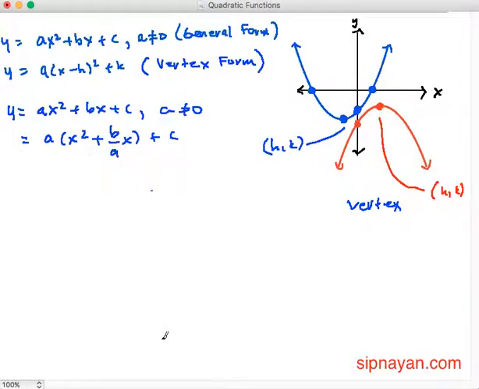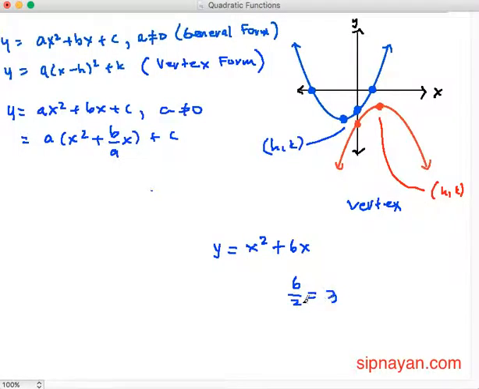Ang completing the square, kung hindi nyo alam, ay pwede nyo i-review yung sa quadratic equation na series natin meron doon. But anyway, tuturo ko naman siya dito. So, pag meron tayong equation like x squared plus 6x, pwede natin siya i-complete the square. Gusto nating complete the square, gagawin natin siyang perfect square. So, ang gagawin natin is divide this by 2.